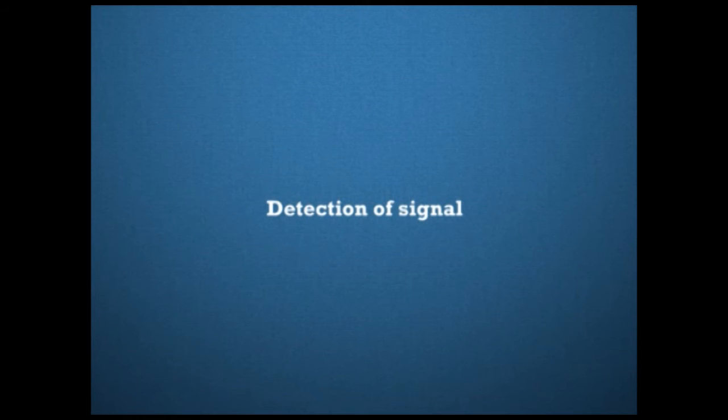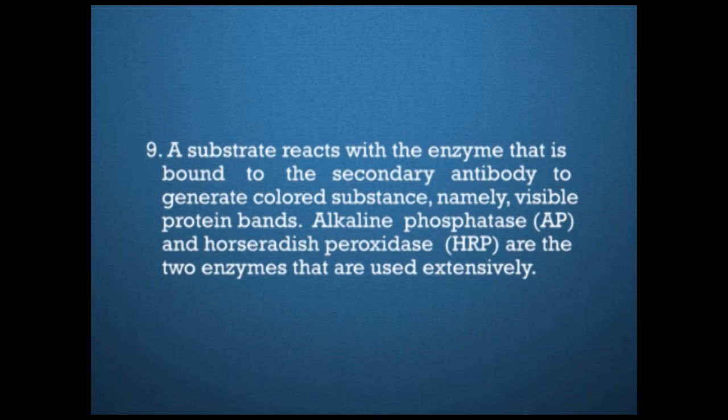In the next step of the Western blotting process, we have the detection of signals. A substrate reacts with the enzyme that is bound to the secondary antibody to generate a colored substance, namely visible protein bands. Alkaline phosphatase and horseradish peroxidase are the two enzymes that are used extensively.